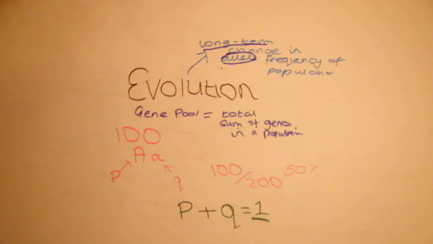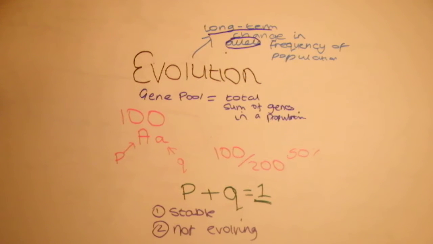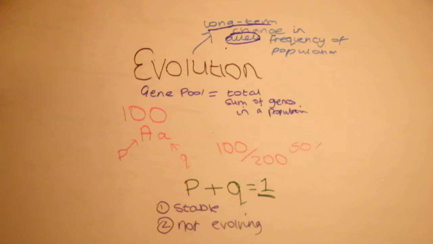The Hardy-Weinberg principle models the mathematical relationship between the alleles and the genotypes in a population that's stable. The population has to be stable and not evolving. This is important because it's merely a theory, as all communities are evolving and hardly any are stable.